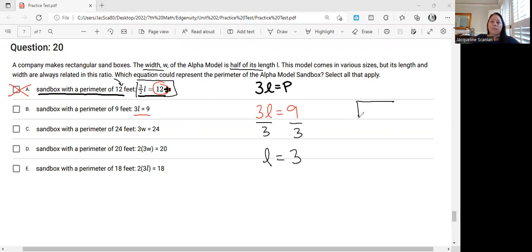Now, that means that my length is going to be 3, and my width is going to be half of that. What's half of 3? Well, if I have 3 and I cut it in half, I'd cut it right down the middle, right? That means I'd have 1.5 on each side. Okay, so my widths are 1.5 and 1.5.